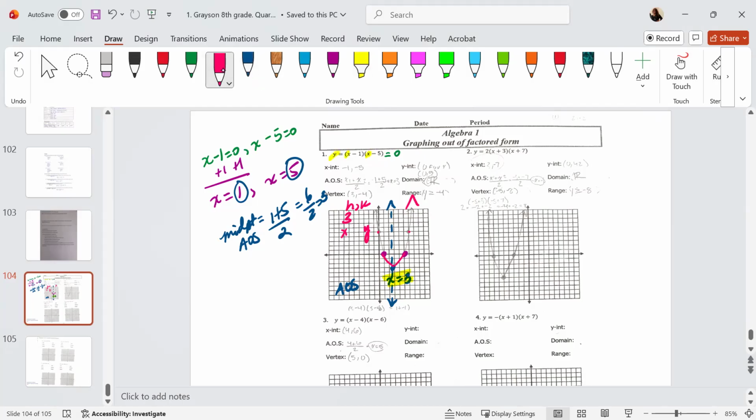So then to find y is equal to 3 minus 1 times 3 minus 5, which is a 2, negative 2, which is a negative 4, right? And that's how you have a 3 comma negative 4. So this is your vertex, so I'm going to label it 3 comma negative 4, right?